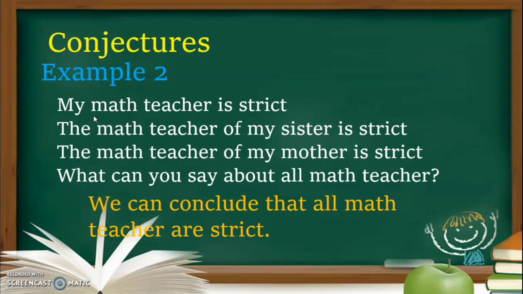So, pero, base sa mga experience ng mother mo, ng sister mo, makakakonclude ka na lahat na ng math teacher ay strict. Sa conclusion natin, or dito sa conjecture, hindi kailangang totoo yung conclusion mo. Pero, nakabase lang yon doon sa mga na-experience mo or nakikita mo.